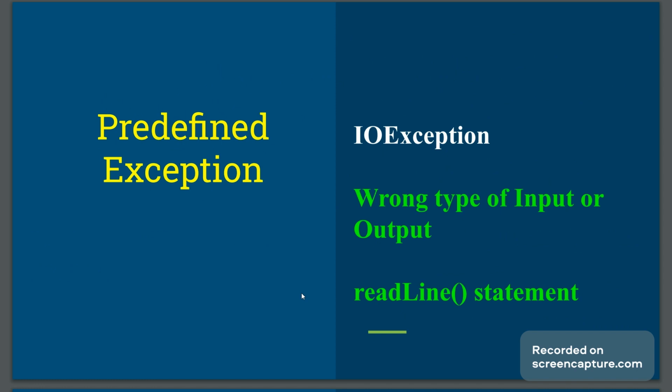For example, the IO exception will be raised when a wrong type of input or output arises. This exception generally occurs at the readLine statement, as we are reading the input from the user, and if I am expecting a number and a character is entered, the IO exception will be generated.